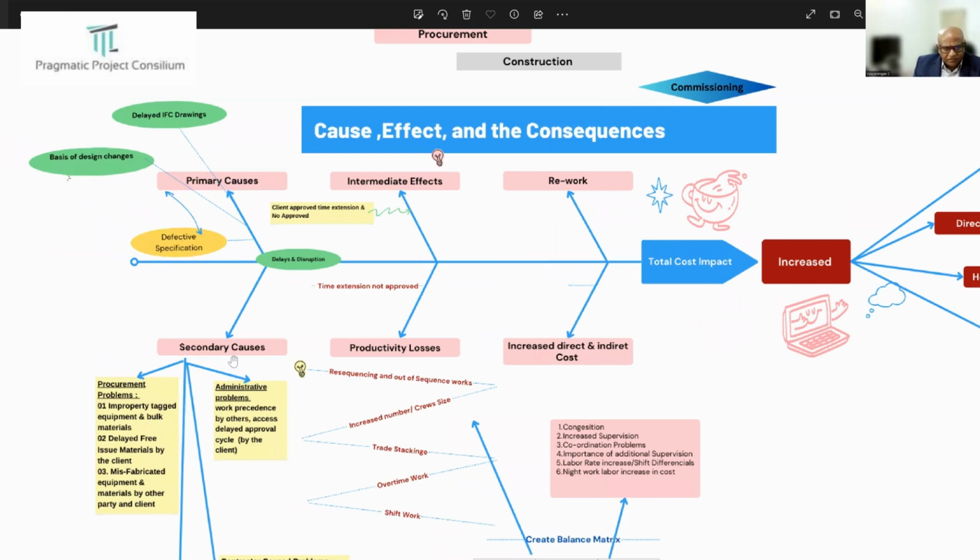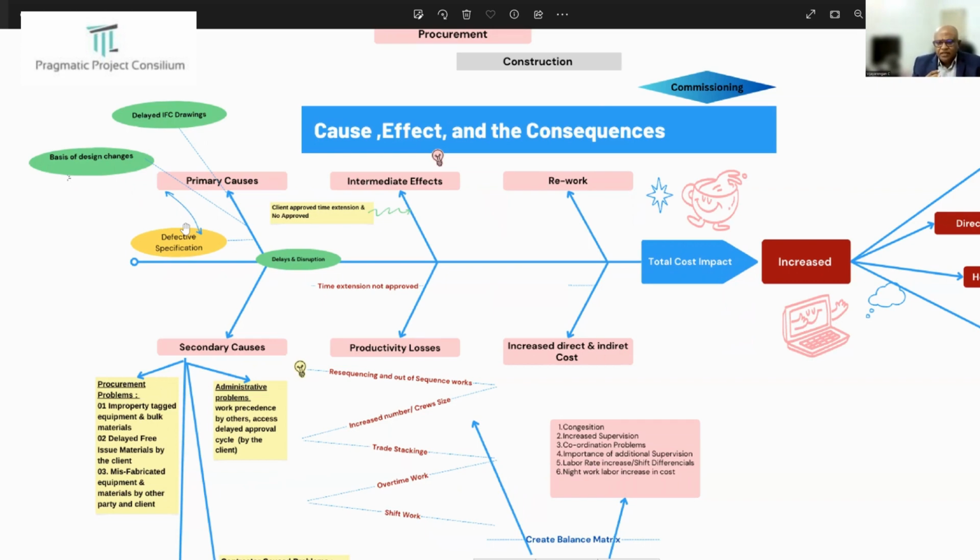The primary causes in an EPC engineering project basically include delayed IFC drawings, issue for construction drawings, and some basic changes in the designs.